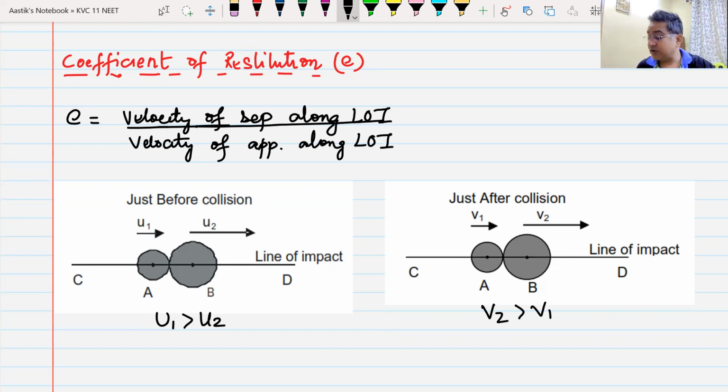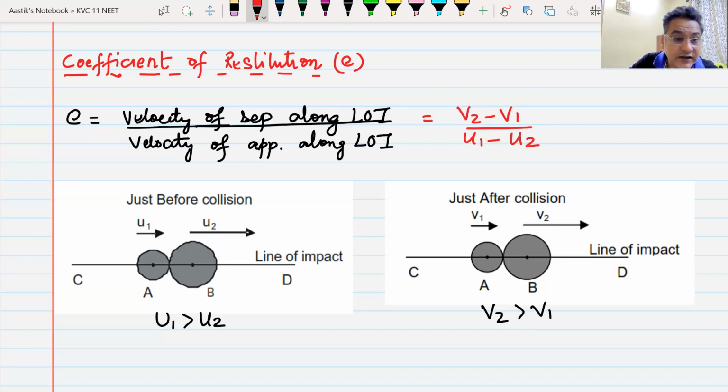So velocity of separation, my dear friends, is the velocity with which they are separating, and you can see that velocity of separation will be v2 minus v1. Do we understand this? And similarly, your velocity of approach will be u1 minus u2.